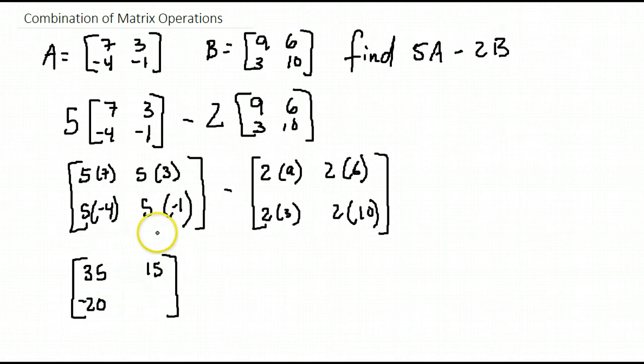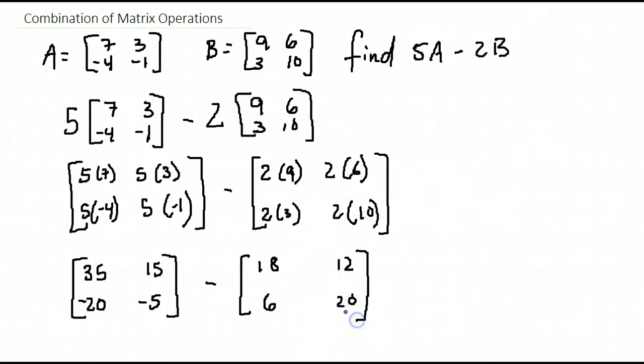And the second element in the second row is 5 times -1, or -5. And that's closed matrix. Minus open matrix, the second one is we have 2 times 9 on the top row, so that's 18. And then we have 2 times 6, which is 12. Second row is 2 times 3, which is 6. And the second element is 2 times 10, which is 20.